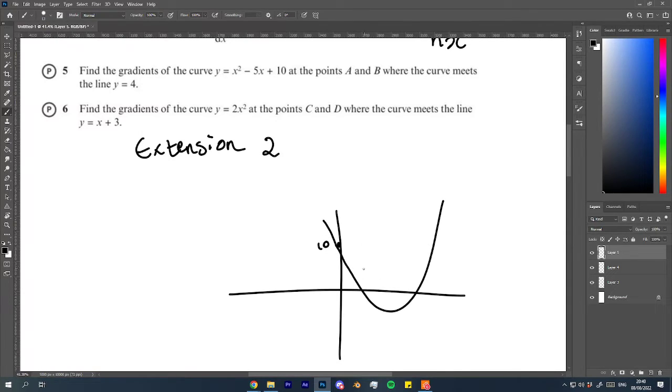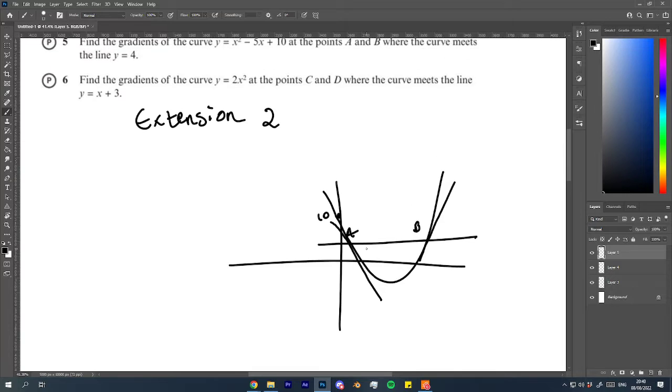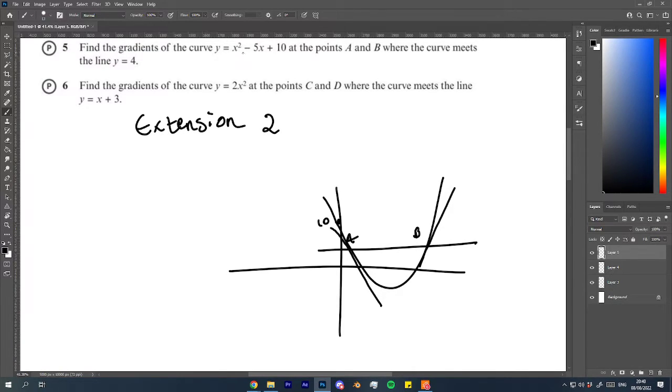Okay, we have y equals 4 here, and we want to work out the gradients of the curve. Let's say this is A and this is B. We have two different points, and I want to work out the gradients at the 2 points. So that's y equals 4. I want to know the x coordinates. So first step, I'm going to substitute 4 into here.